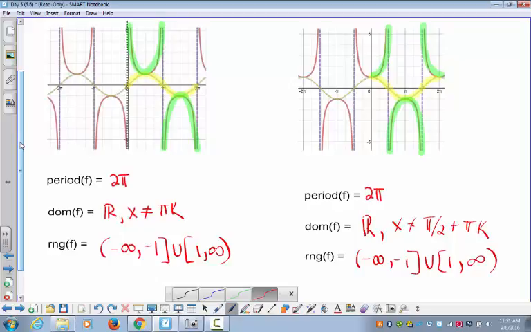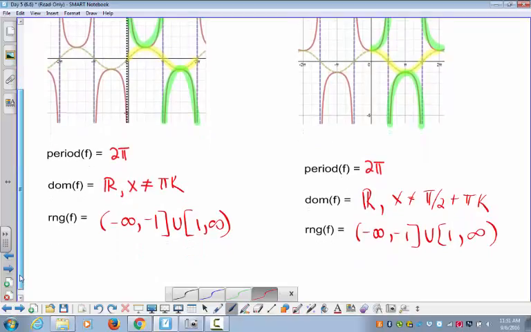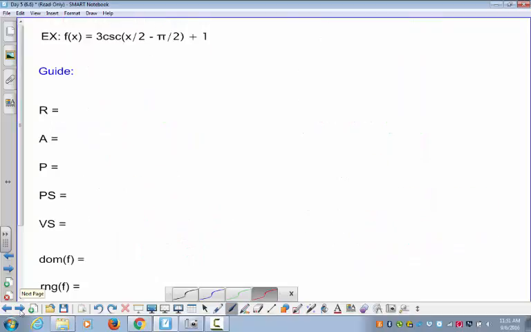So let's graph one. Cosecant. All right, let's factor first. We'll have 3 cosecant. There's a leading coefficient of 1/2. X divided by 2 means the coefficient's 1/2. So we're going to put the 1/2 in front of the angle, and that will be x minus pi.